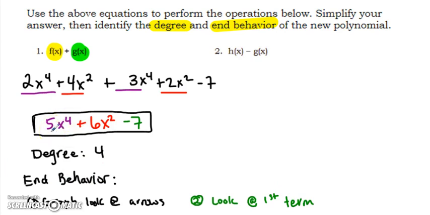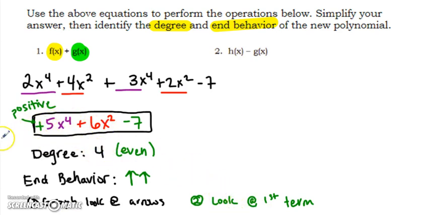If you remember from our previous video, anything with an even degree, the arrows are going to point in the same direction. And since this is a positive 5, that means the arrows are both going to point up. A positive value means the arrows are going to point up. It's kind of up to you if you want to look at the graph or use the number. Nothing wrong with either one.